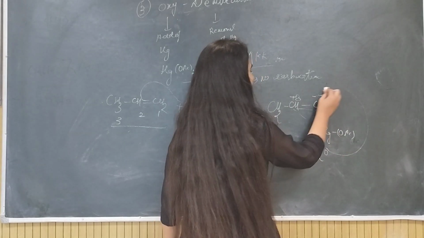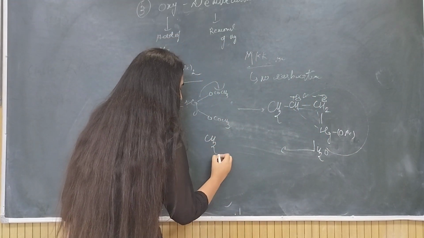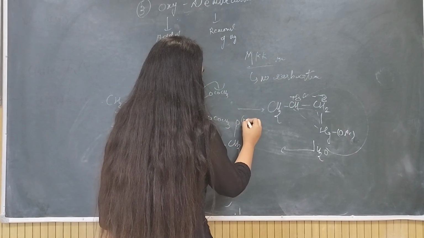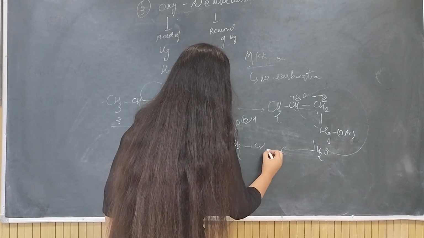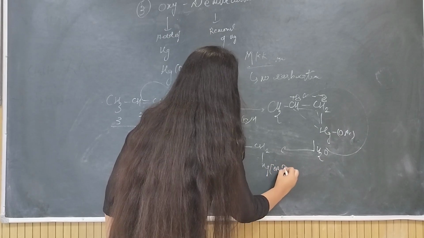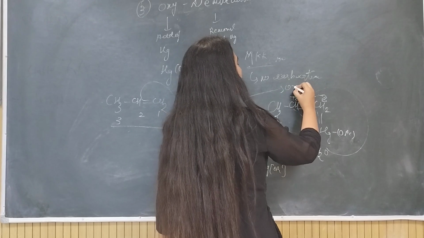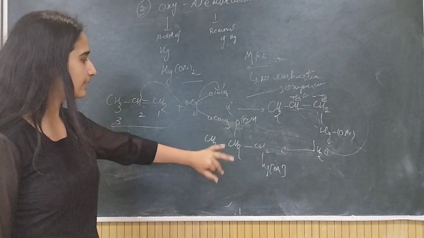So the nucleophile attacks on the second carbon and a protonated alcohol forms with the mercury complex. Till this process we call it oxymercuration, meaning addition of mercury takes place.